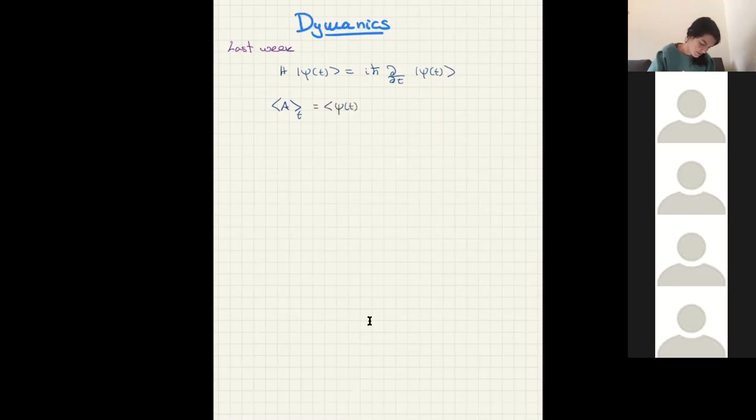It's just psi of t, A, psi of t. Okay, that this evolves as dA/dt is 1 over h bar times the expectation value of the commutator with the Hamiltonian. Right.